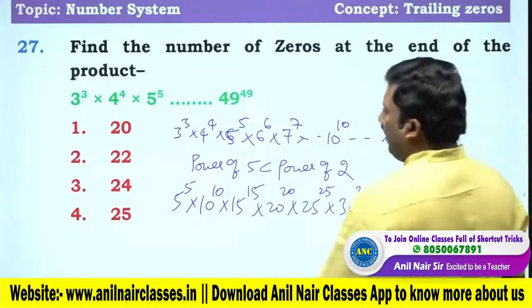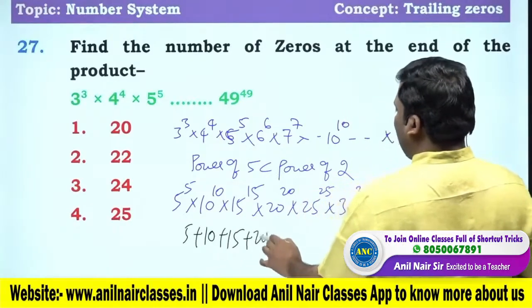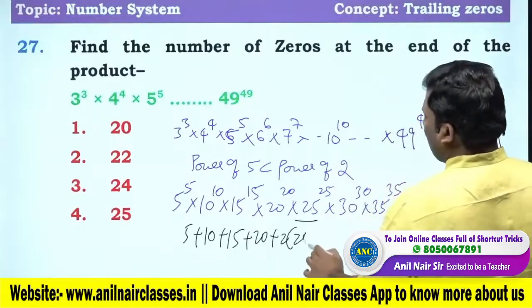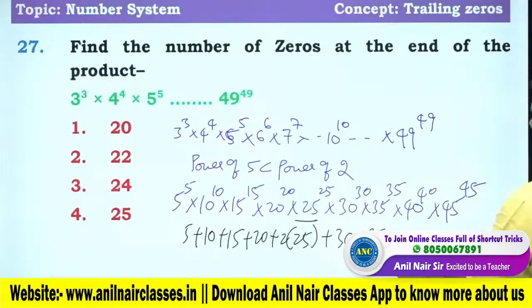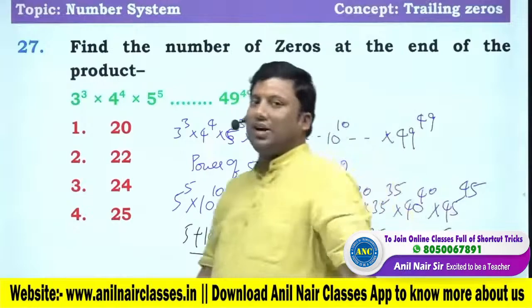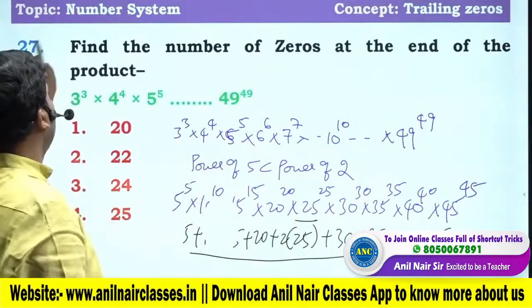So how many will it be? 5 plus 10 plus 15 plus 20, 25 is 5 square so 2 into 25, plus 30 plus 35 plus 40, plus 45. Whatever answer you get, that itself will be the answer.